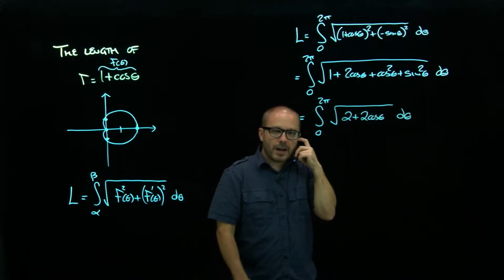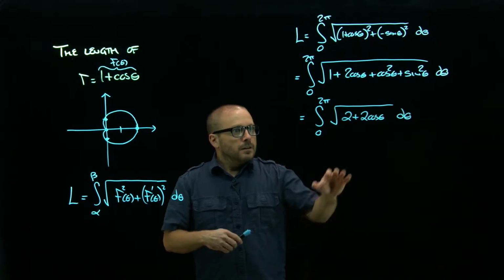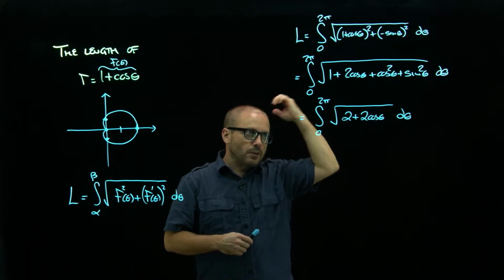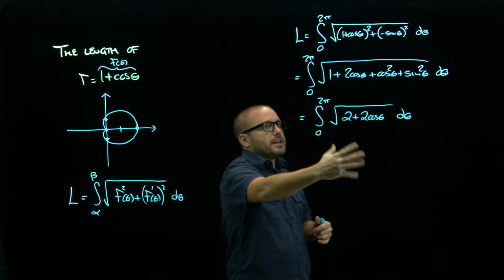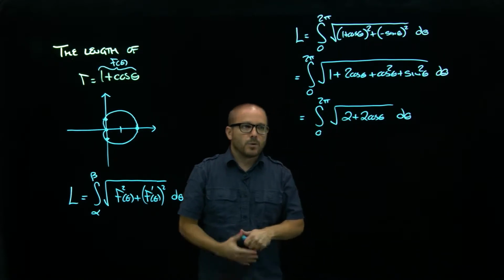Now, remember our strategy. This is good review for our integration strategy. With square roots, you're hoping to get a perfect square there. Because it involves trig functions, you've got to think through your trig identities. Is there an identity that involves a square that looks like what we have there?